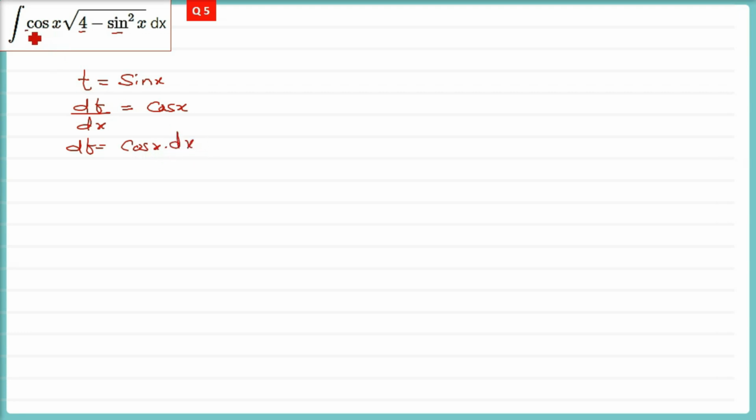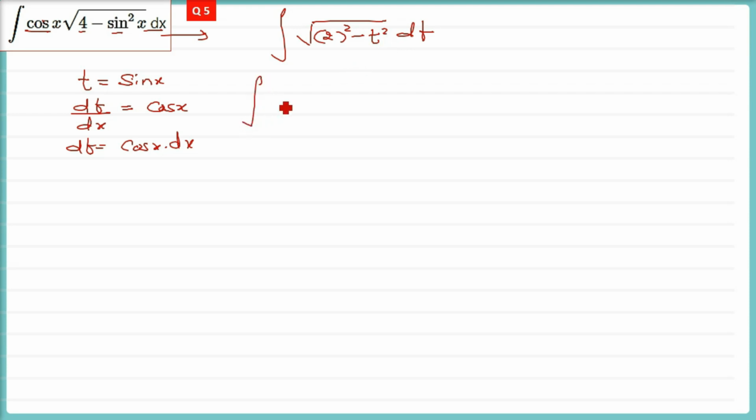And what do you see in the question? Cos x dx is already there, and we can replace wherever sin x is there by t. So what are we going to get after this substitution? In place of cos x dx, I am writing dt, and inside the root, 4 can be written as 2 square and sin square x can be written as t square.